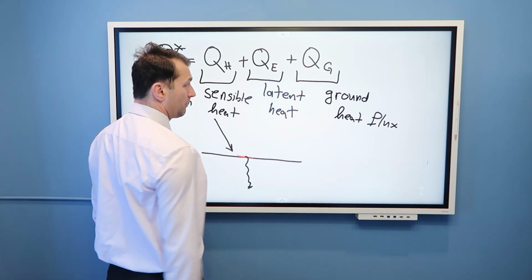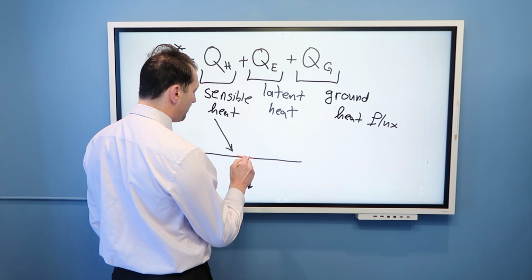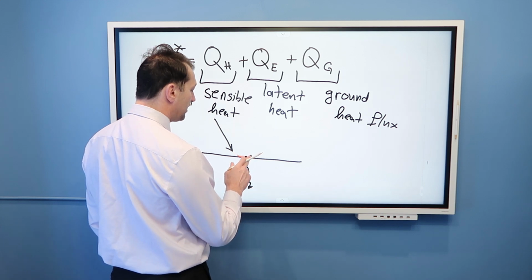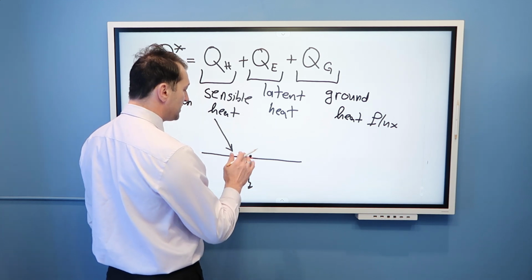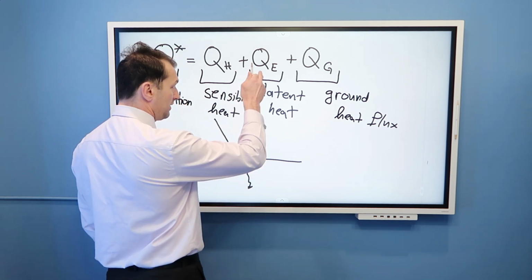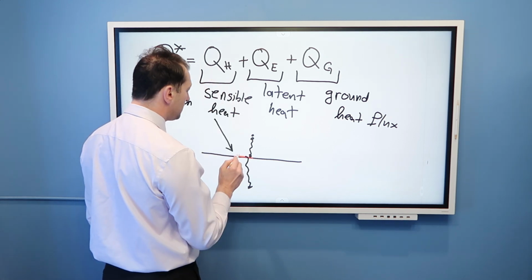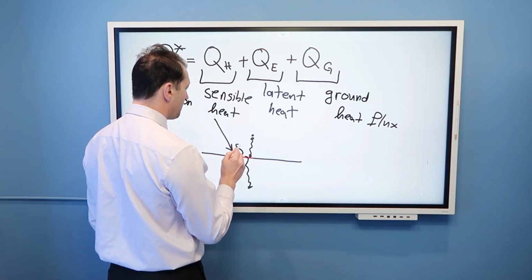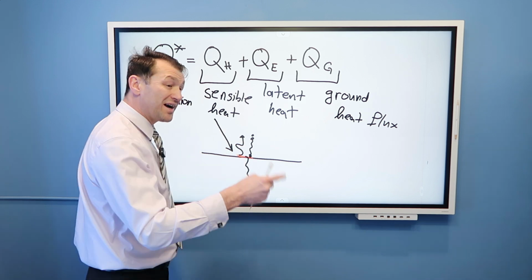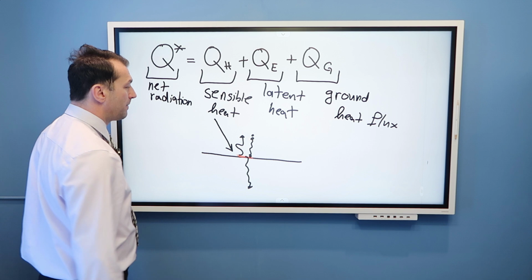That's this term. It can be used to evaporate water, so a particle of water that was perhaps liquid or ice now goes into the atmosphere, becoming water vapor. That is this term. Or it can be used to heat the atmosphere through conduction that I discussed 2 slides ago, and that is this term.